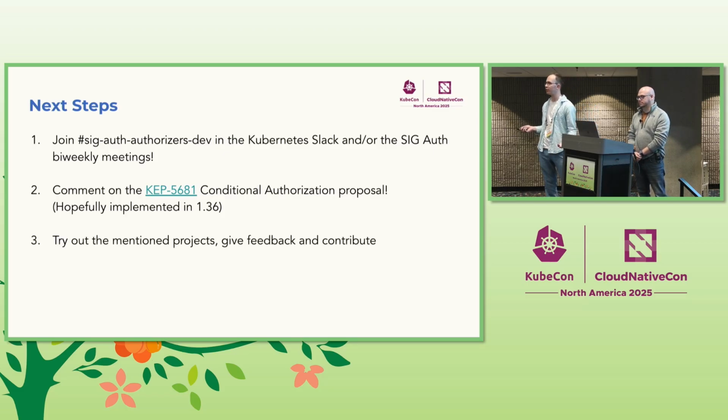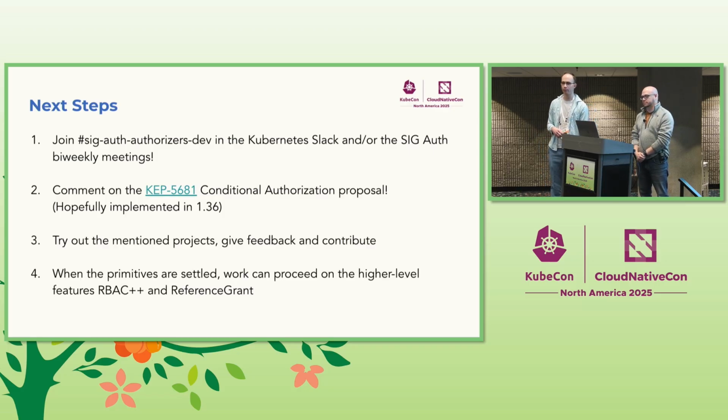Try out the mentioned projects, there were a few that could be used, and get in touch with the maintainers if you're interested. When we have this basic primitive, we hope to be able to do more exciting features such as reference grant and maybe some RBAC++ and similar that the SIG has been working on for a long time already.